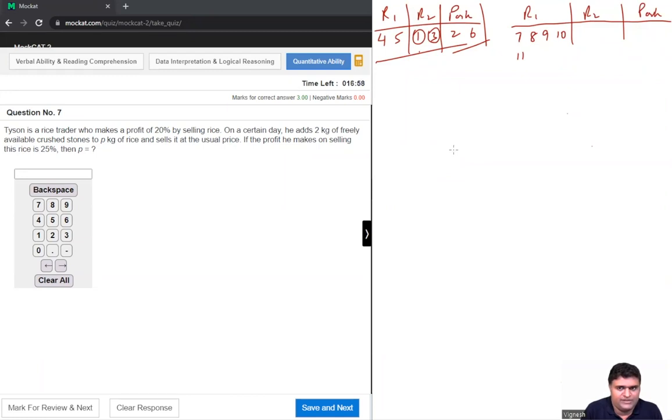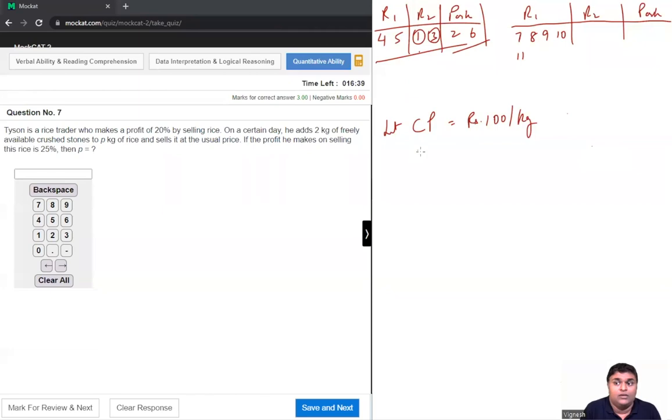Yes, sir. P is the kg, correct? The rest are in percentages. Can we assume a value for the rupees per kg? Let CP be 100 rupees per kg.